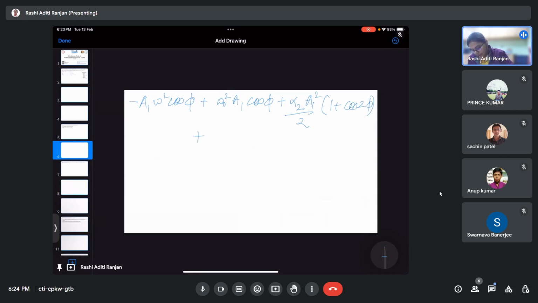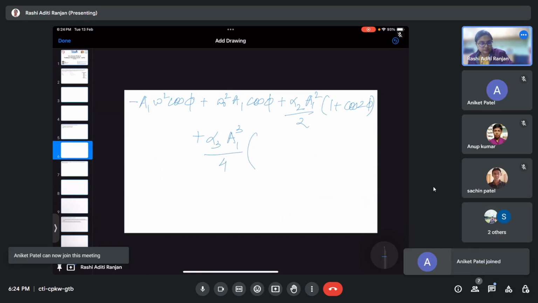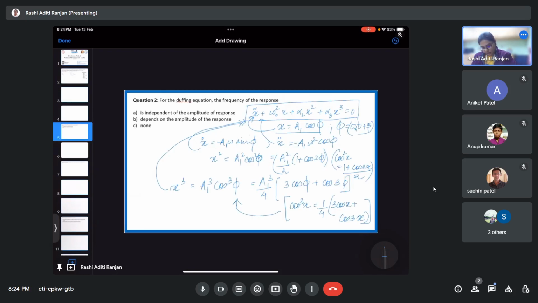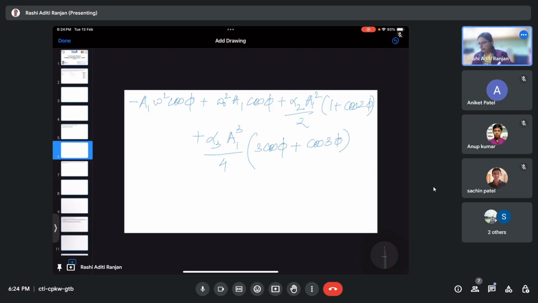And then I'll have plus alpha 3 a1 to the power 3 divided by 4 into 3 cos phi plus cos 3 phi, which is equal to 0.